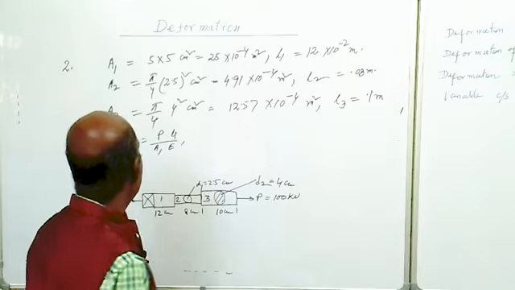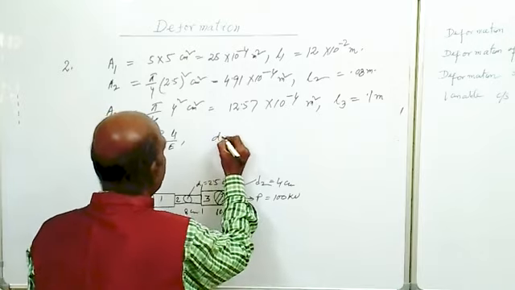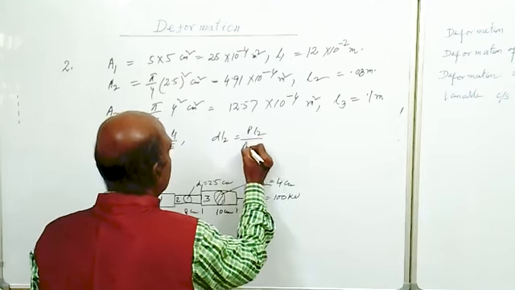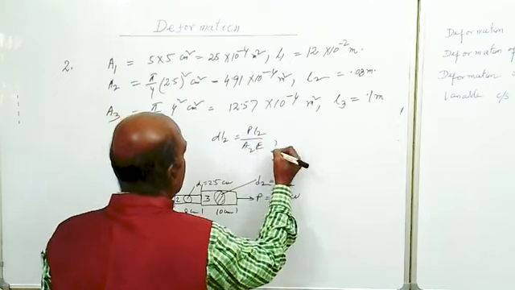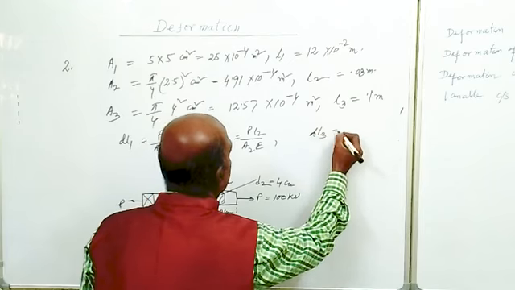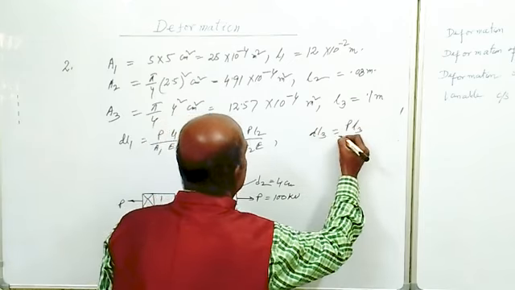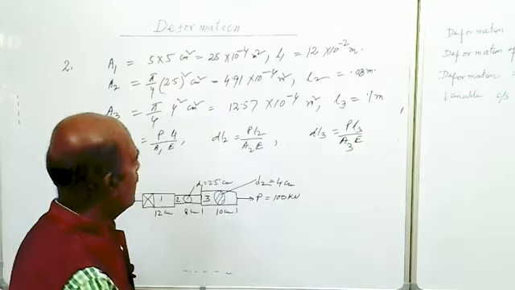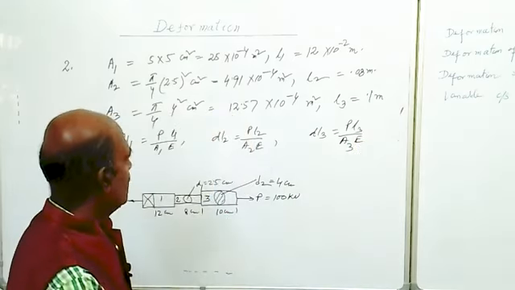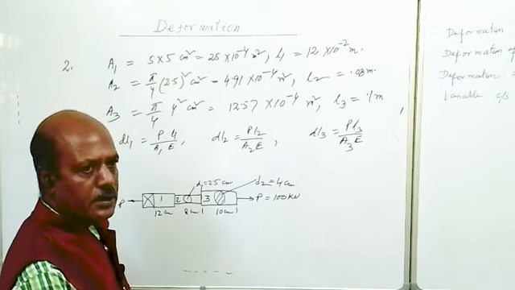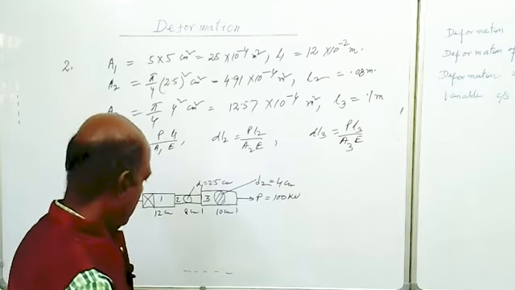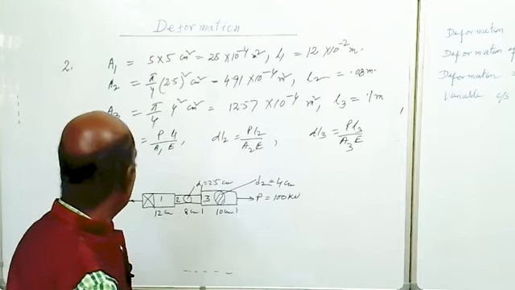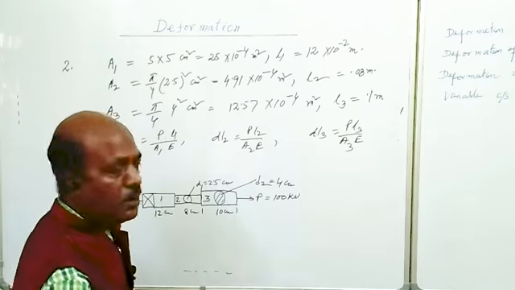So, P L1 by A1 E for the first part, DL2 is equal to P into L2 by A2 into E for the second part, and for the third part, DL3 is equal to P into L3 by A3 into E. So, we have got L1, L2, L3, A1, A2, A3, E is given in the problem, that is 200 gigapascal, 200 into 10 to the power 9 Newton per meter square, and the P throughout is same.